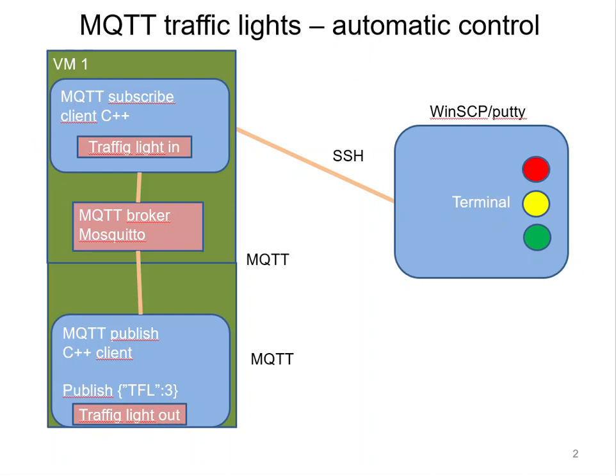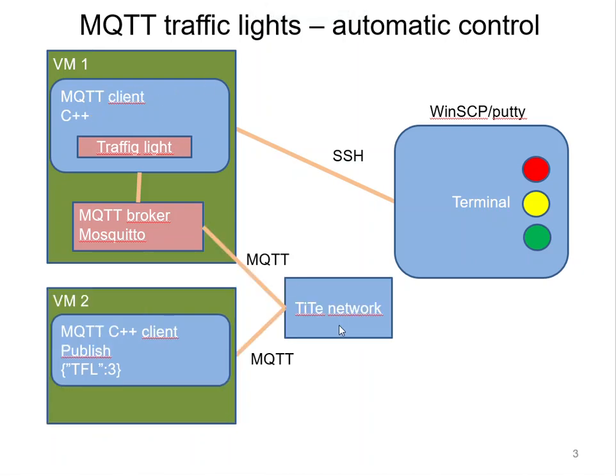So now this kind of functionality is supposed to be working. You are sending these publishing messages, and your subscribing client is receiving and controlling the traffic light. So now you are quite close to getting your car working as well, but we'll come to that later.